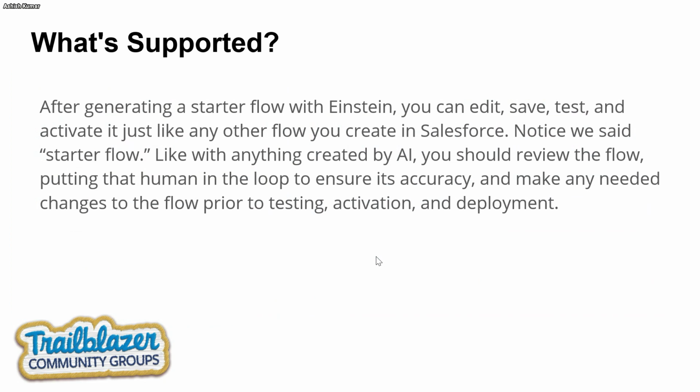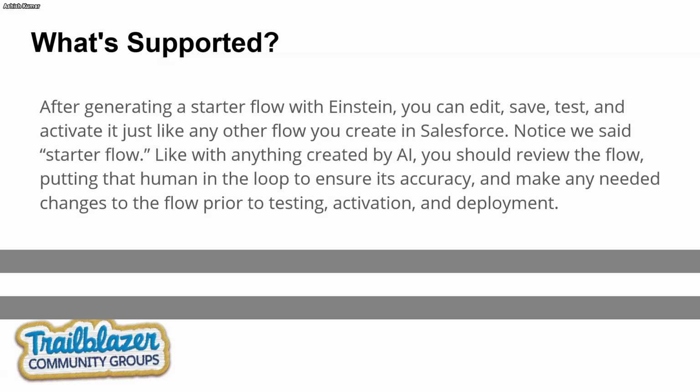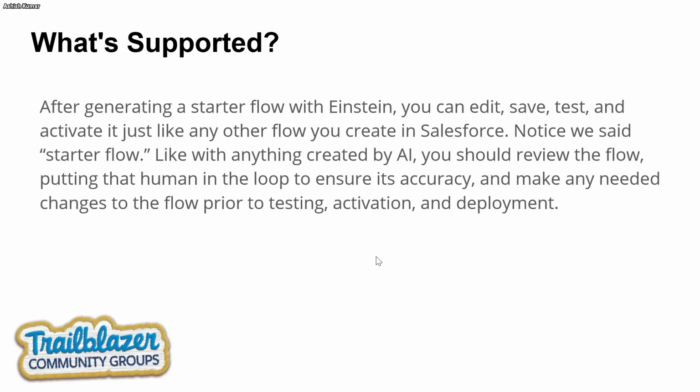So Einstein will create the flow for you, but it's your responsibility. You can review first how Einstein created it, what the loops are, whether everything is fine or any condition is incorrect. Then you can make changes if required, and then activate and deploy it.